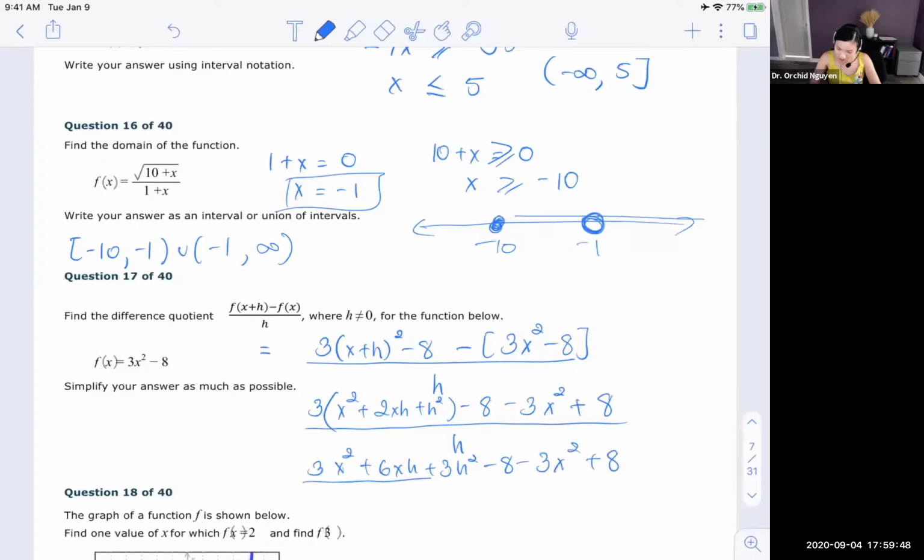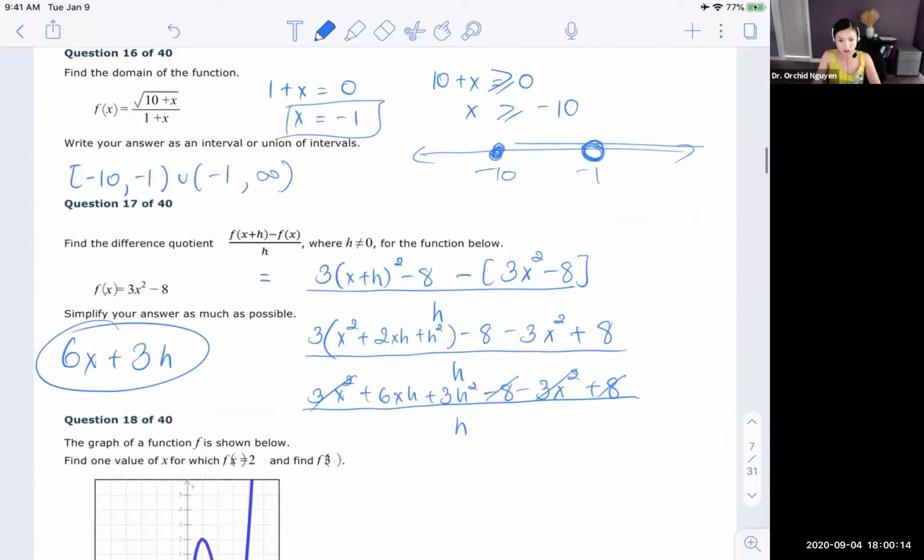A lot of things cancel out. We ended up with 6xh plus 3h squared over h, but then you can factor out the h and cancel it out. So we ended up with 6x plus 3h. That's all you have to do.